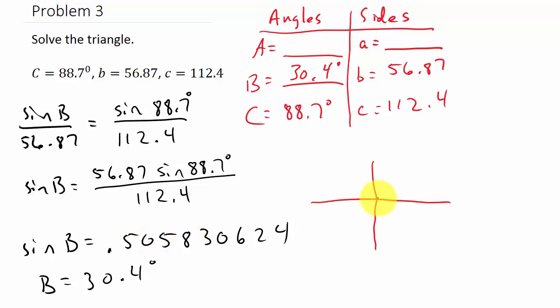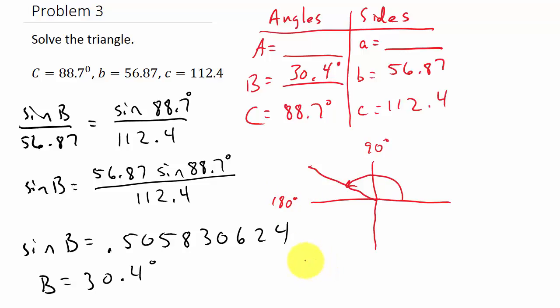And I took the inverse sine, and that gives me this angle in the first quadrant. But remember, sine is also positive in the second quadrant. Okay, and the angle measures in the second quadrant are between what, 90 degrees and 180 degrees.